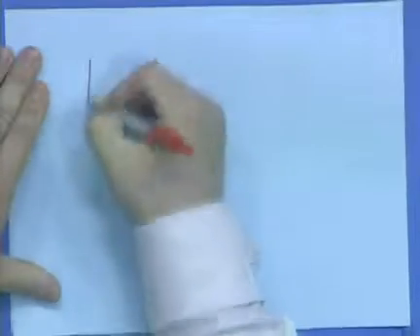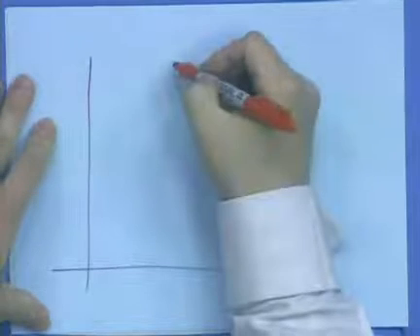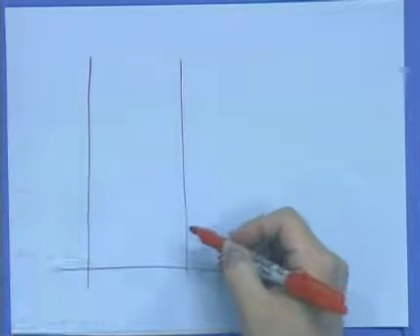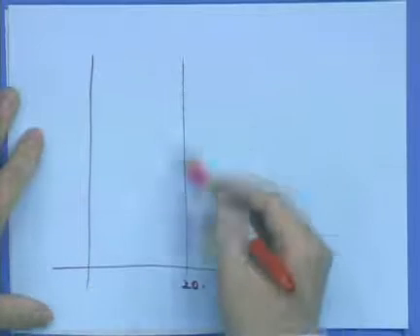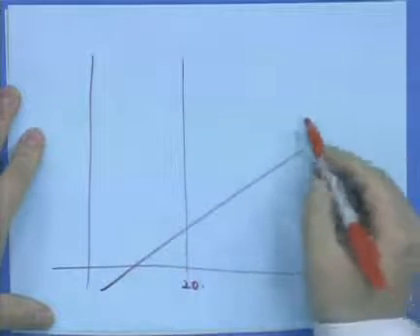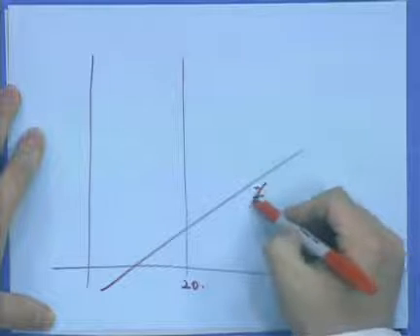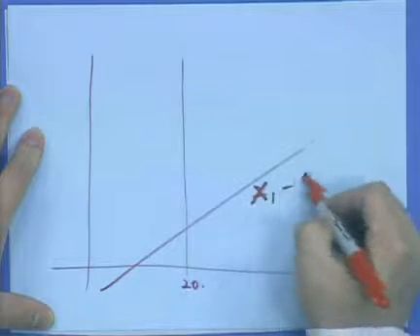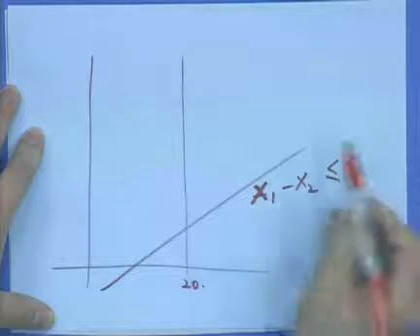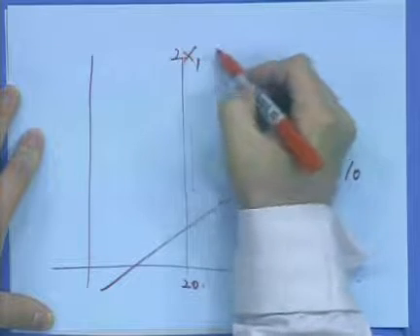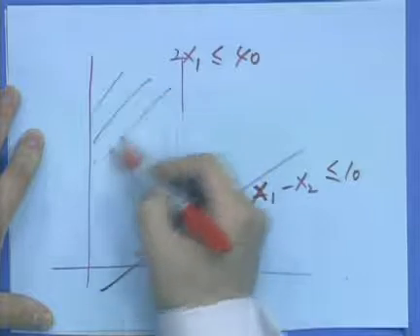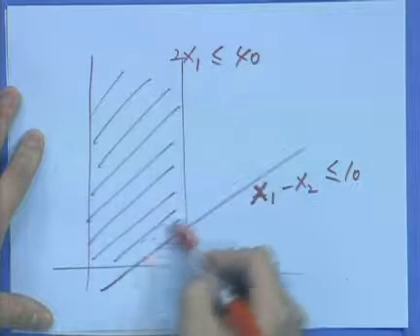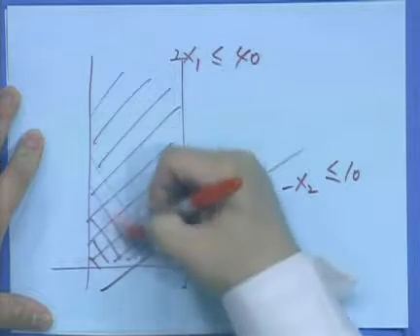If you draw a diagram for this, it's obvious. It's 20. This is x1 minus x2 less than or equal to 10. And this is 2x1 less than or equal to 40. Which means the feasible region would be this area.